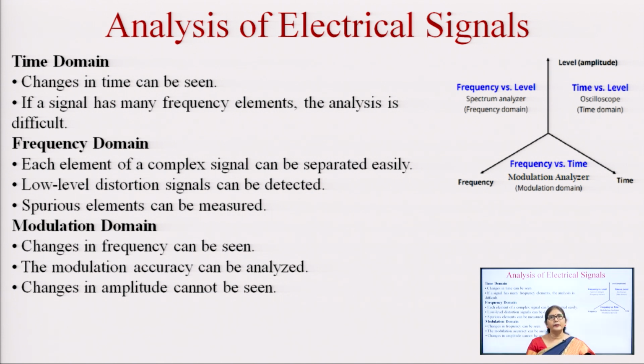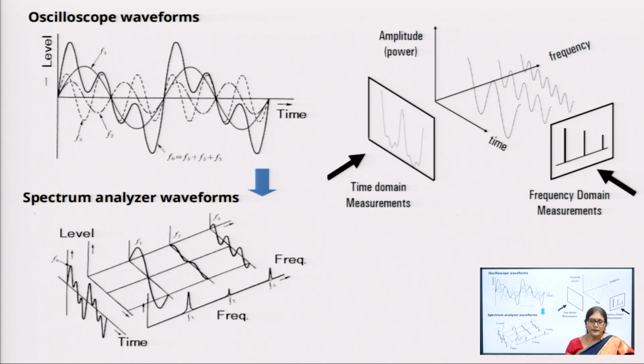We can also check the modulation index and different behavior of the modulated signal. As we can see in the figure, in frequency domain analysis a frequency spectrum analyzer is used. In time domain analysis, an oscilloscope is used, and for modulation domain analysis, a modulation analyzer is used.